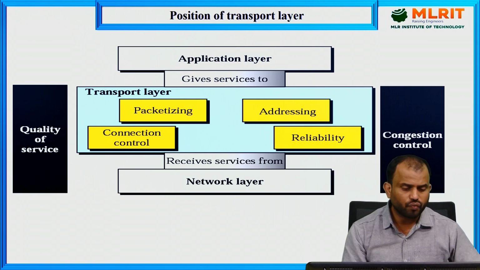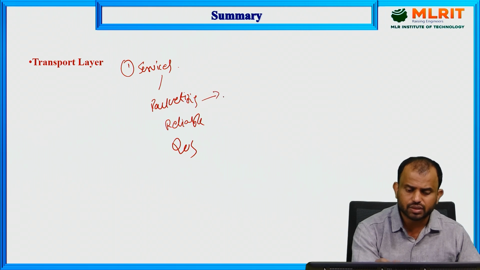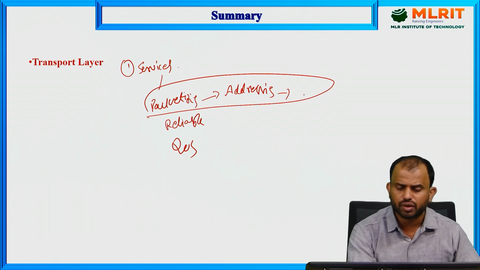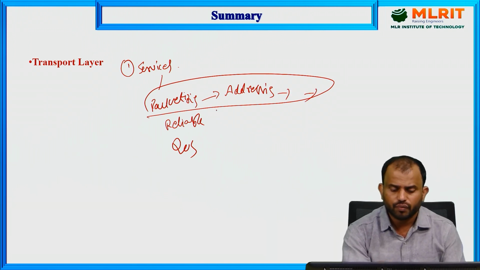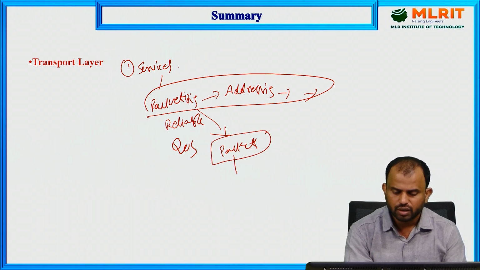So when we go for this kind of services, we have packaging services or addressing kind of services. All these are different kinds of services we offer, while the information is transmitted in the form of packets. How is the information transmitted through packets to the lower layer?